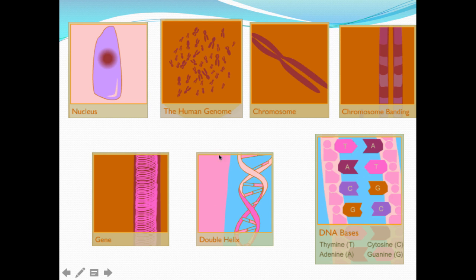A bunch of the double helix in a section makes a gene. All the genes together create the banding in a chromosome. And when you put all the banding together, that makes a chromosome. All 46 chromosomes make the human genome, and all of this is located in the nucleus of every single cell, all trillion of them in your body. It's pretty amazing.